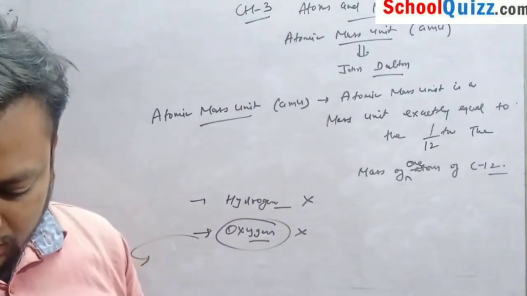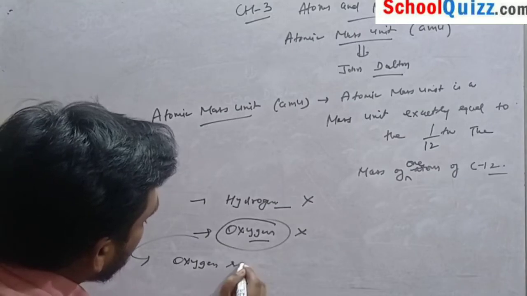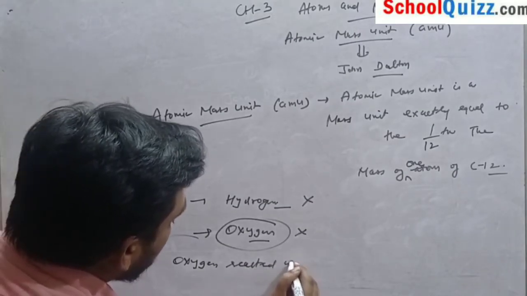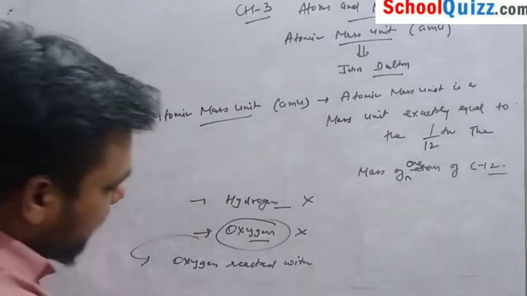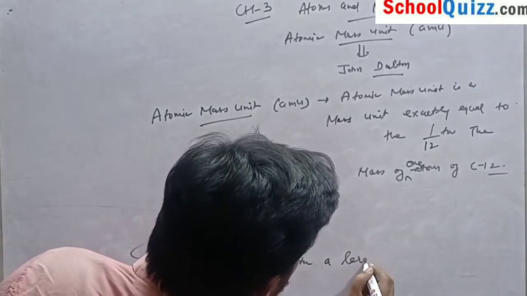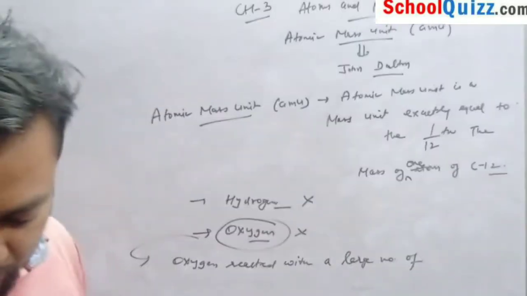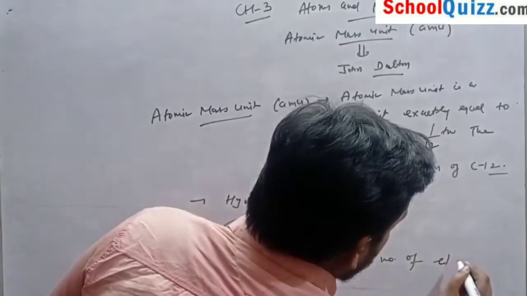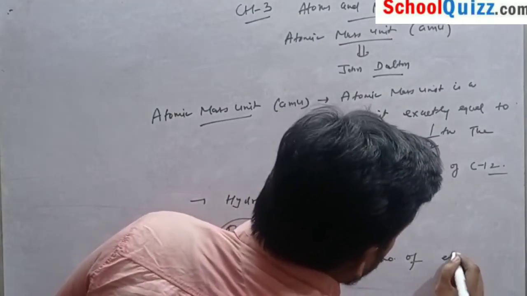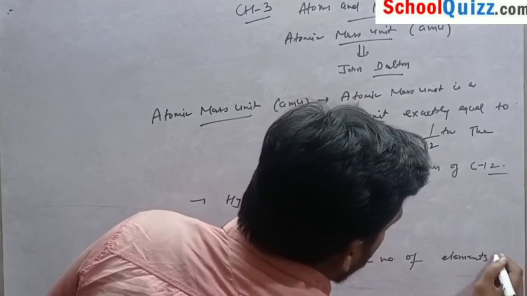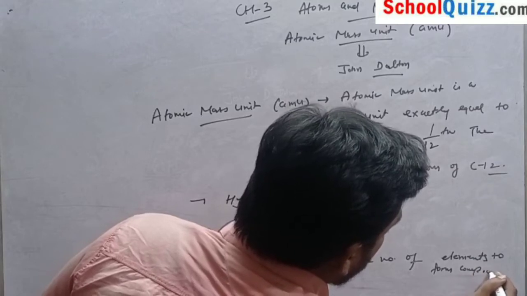First one was that oxygen reacted with a large number of elements to form compounds.